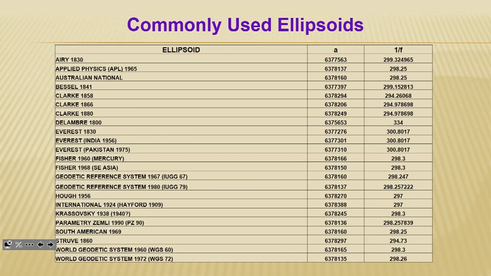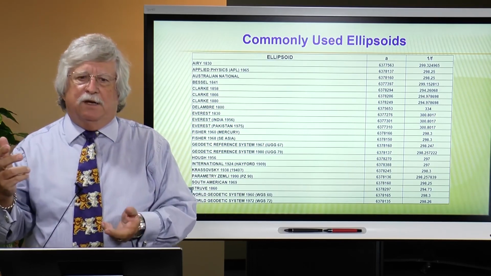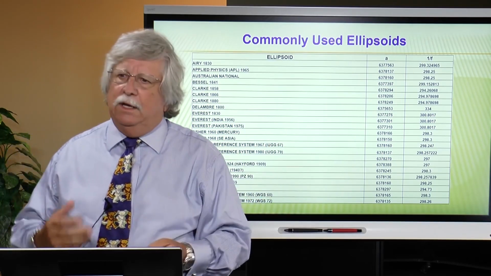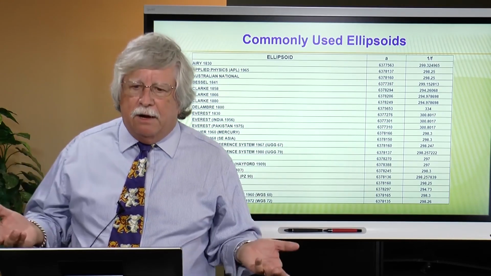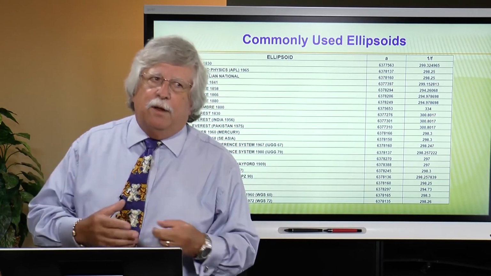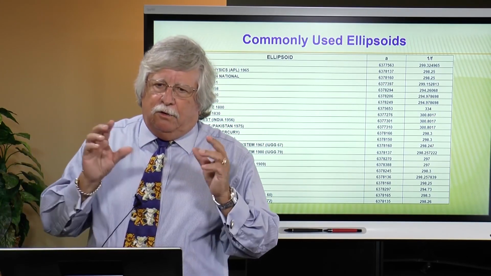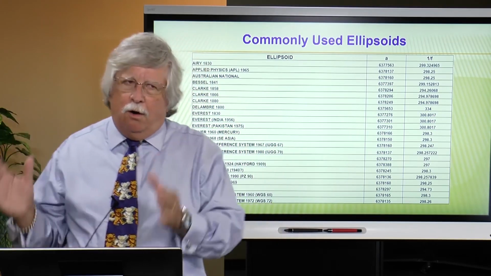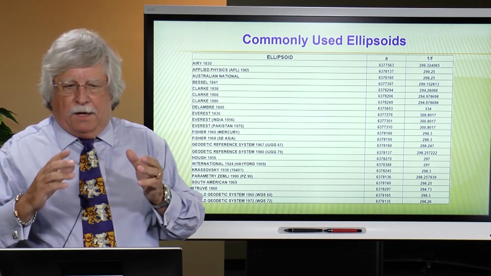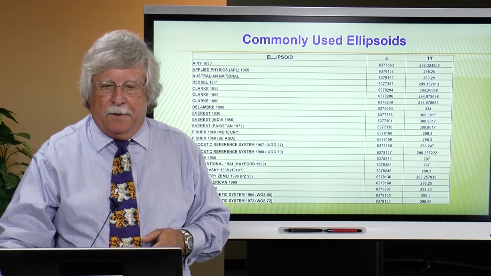A field team that might perform measurements on the east coast of the United States would get a different set of values than one observing in India or in the UK or in France or anywhere else. So until the development of GPS, GNSS, individual countries and groups of countries would often use their own local definition of the size and shape of the Earth. It made life very, very complex.